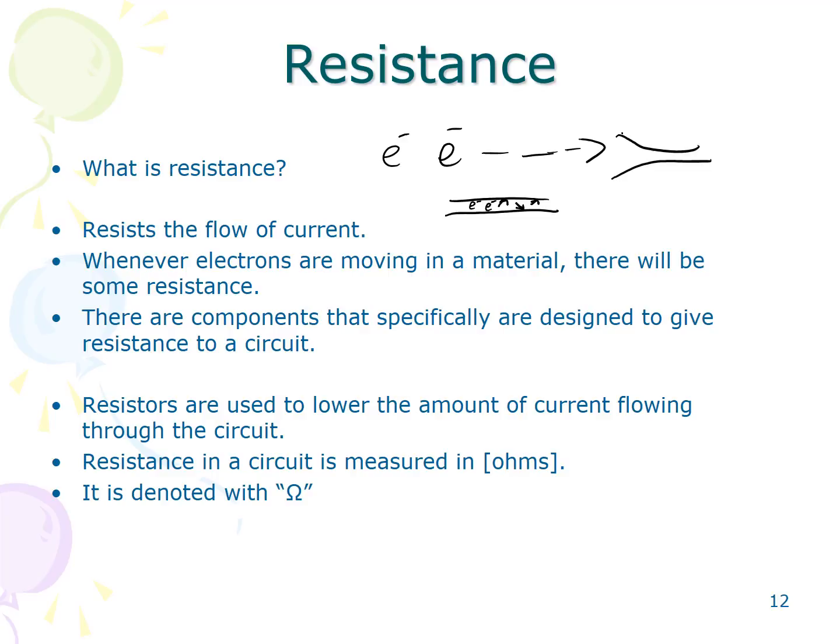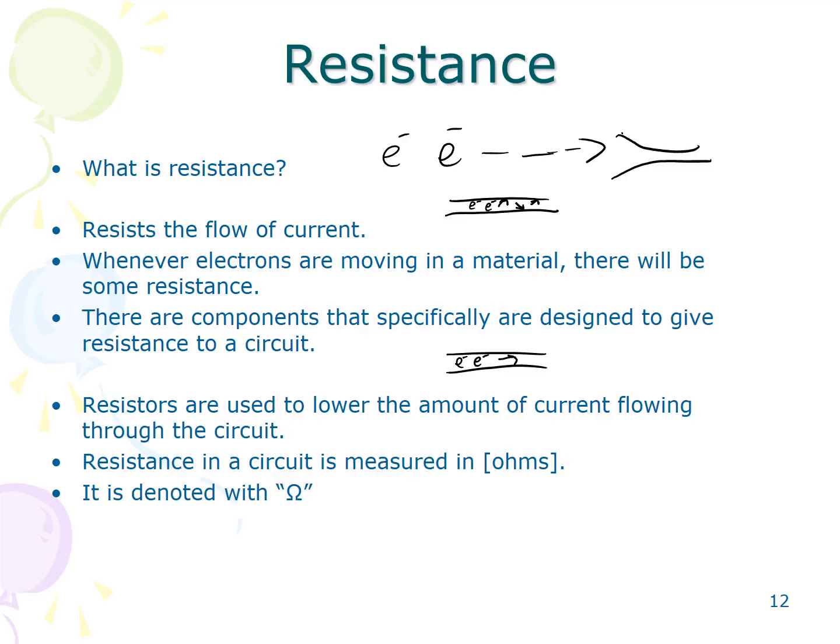Well, if you have too much current flowing through something, and your component doesn't want that much current to go through it, like there's an amperage rating on your component, or your light bulb, then that would be bad, right? You don't want too much power going into something, so it burns out.